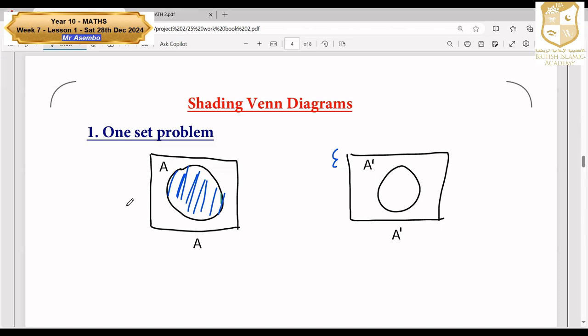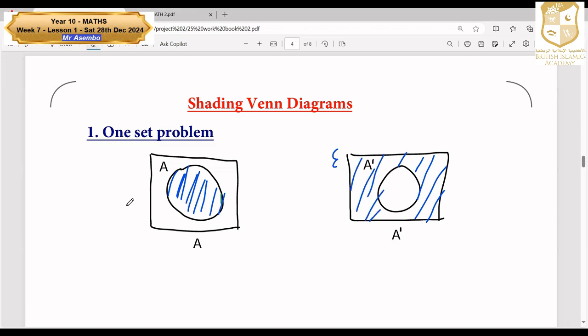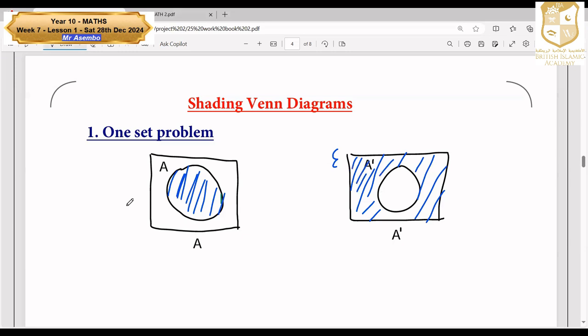Now, set A complement, we shade outside this set A. Those are the members of A complement. That one's a little bit inside, let me remove that. Set A complement is how we shade: we make sure that we shade everything that's outside.